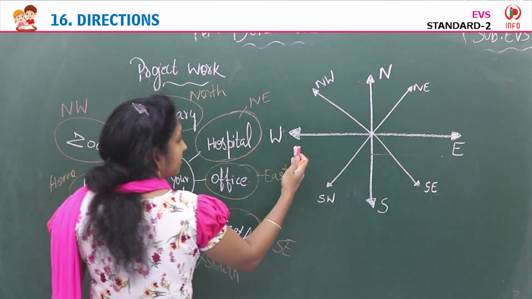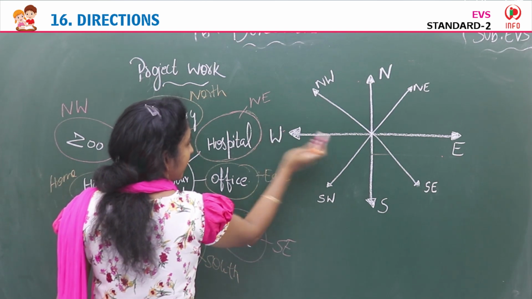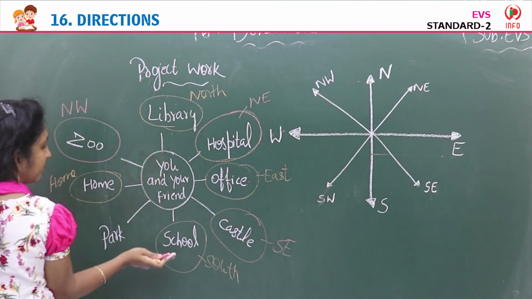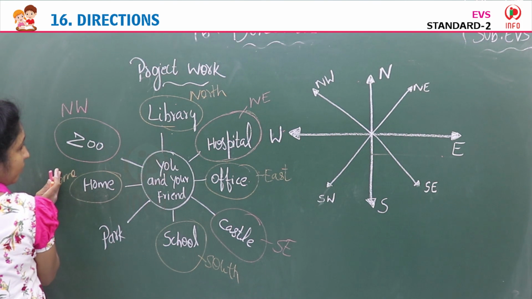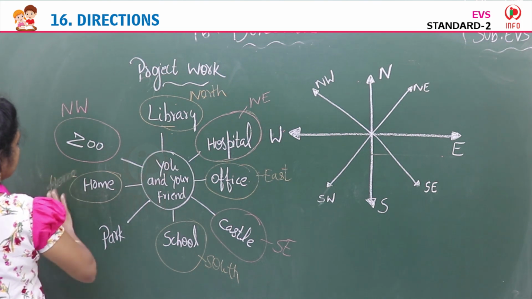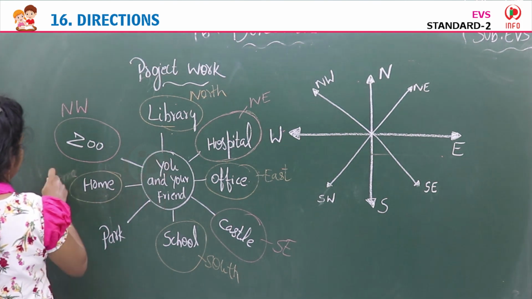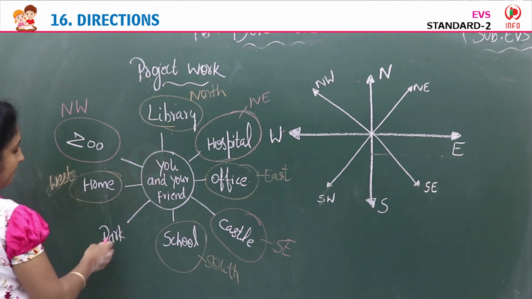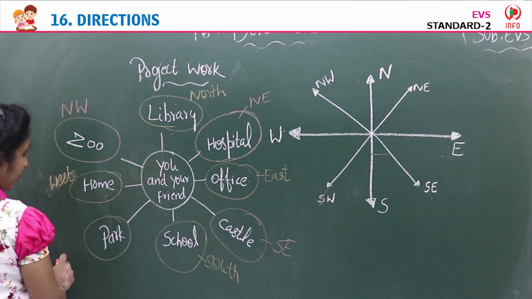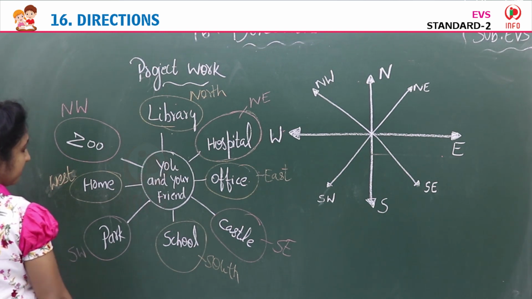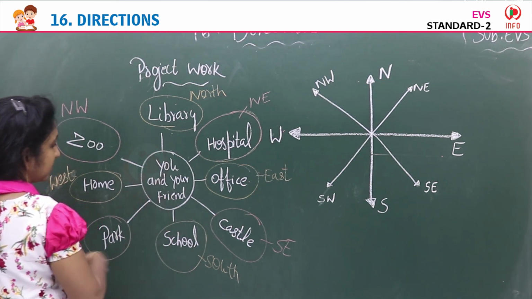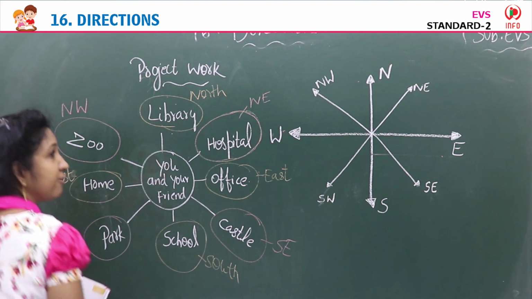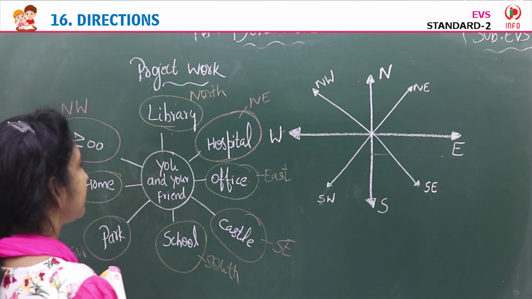And halfway between south and west is the southwest. Between south and west you can see the park. So southwest is the park. Now it is easy for you to find the places, isn't it?